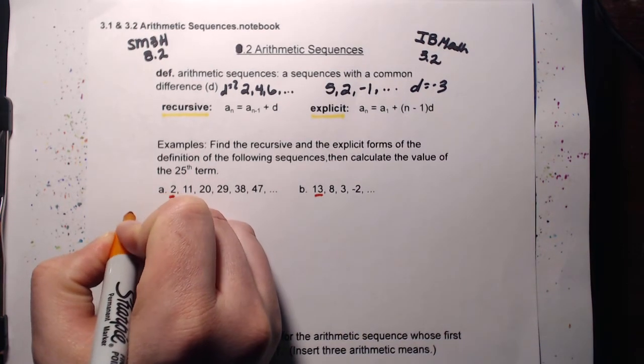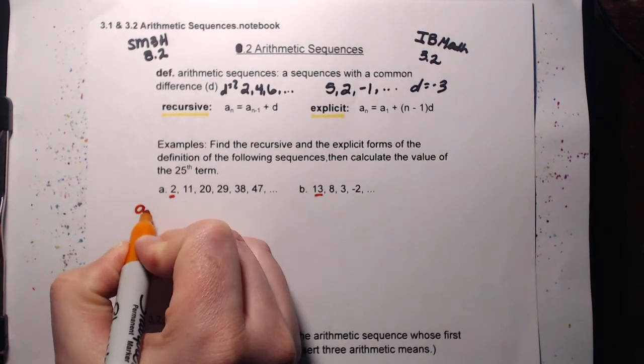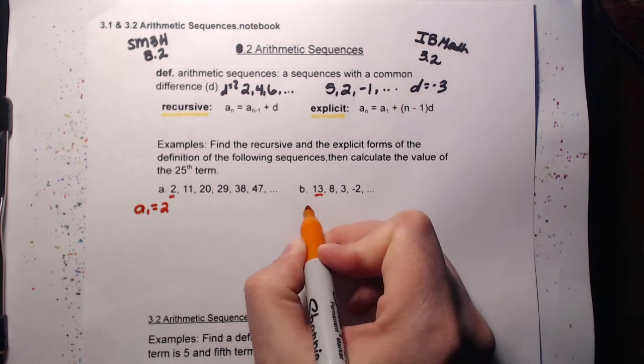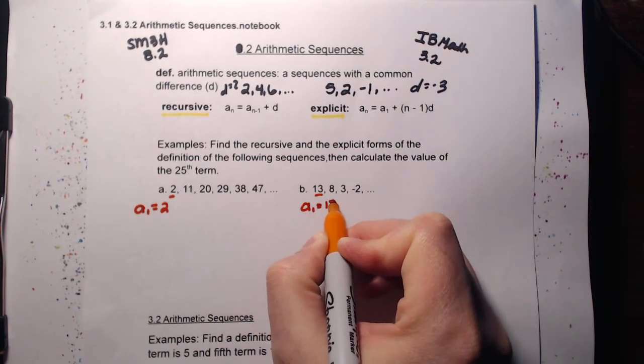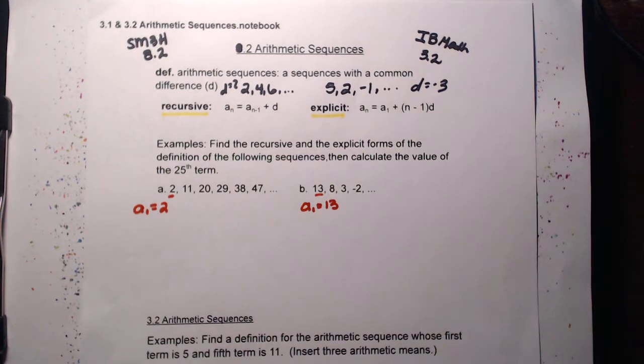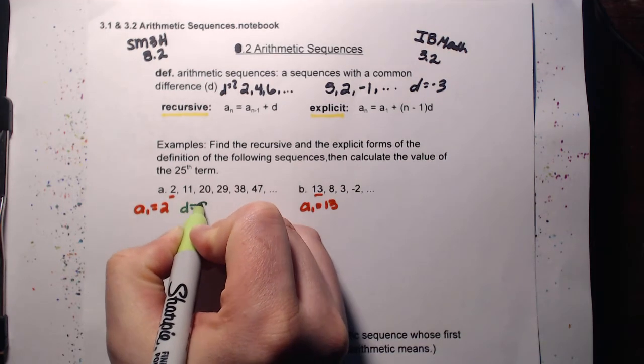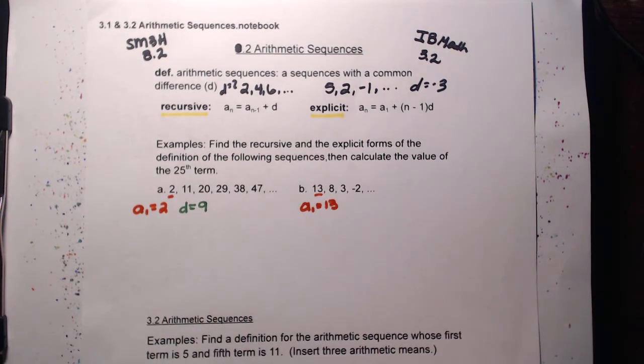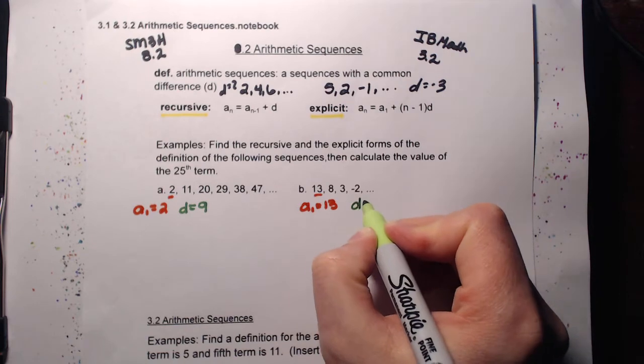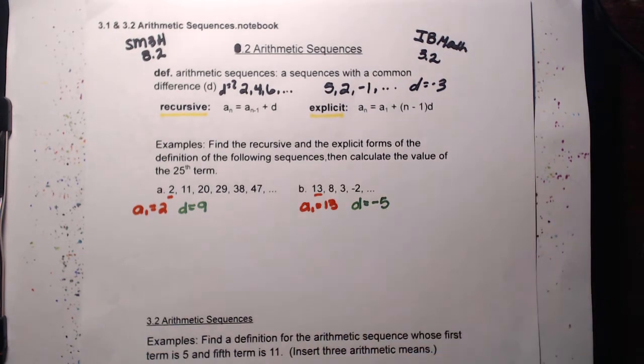So my first term is 2 and 13. And then I have to identify the difference. Now the difference is just going to be, well, how is it moving? So on this first one we're adding 9 each time. And then on the second one we're subtracting 5 each time.